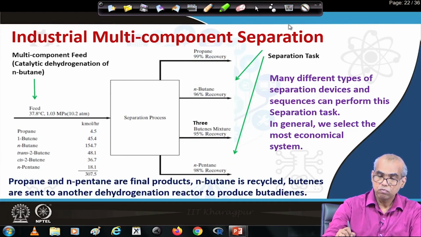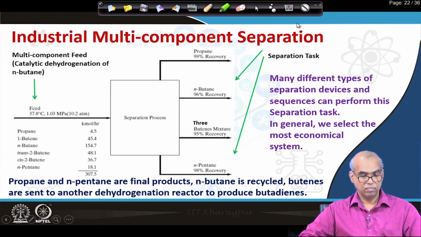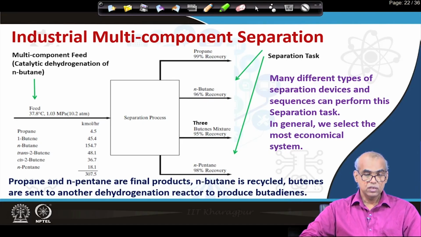I need these 4 streams. Propane and N-pentane are final products, N-butane is recycled to the catalytic dehydrogenation unit, and butenes, you have 1-butene as well as trans-2-butene and cis-2-butene.